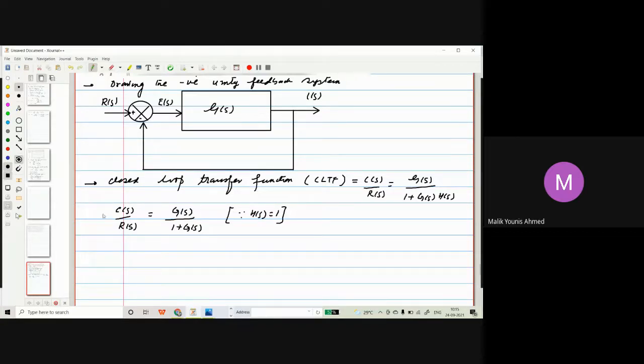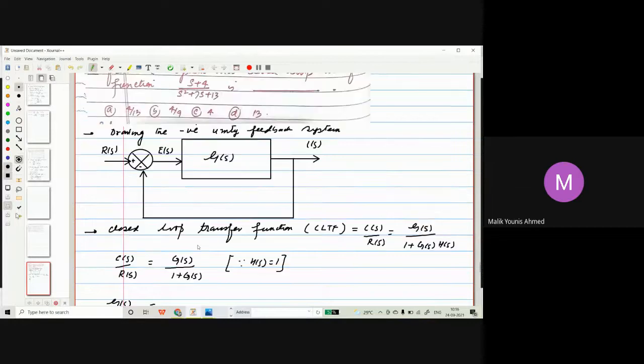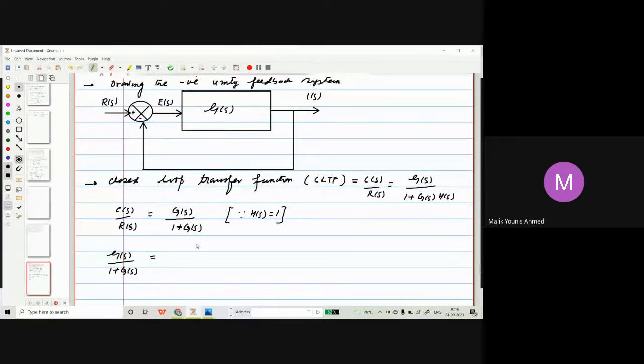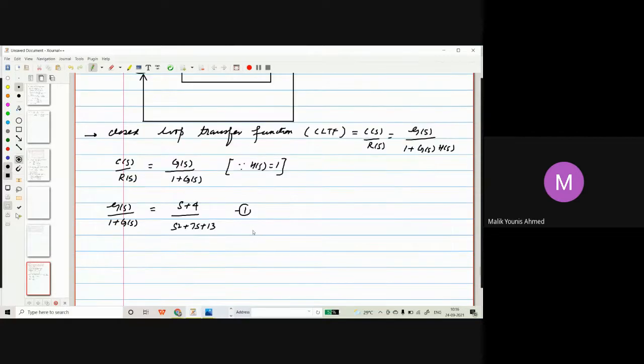So G of S divided by 1 plus G of S will be equal to what is given. The closed loop transfer function given to us is S plus 4 divided by S square plus 7S plus 13. Let's have this as equation number 1.